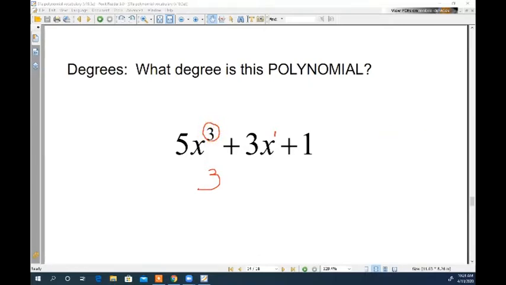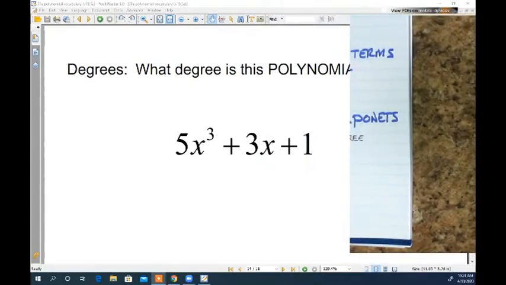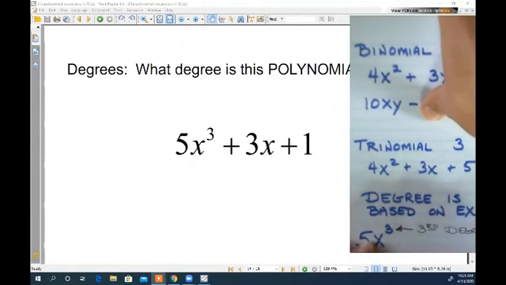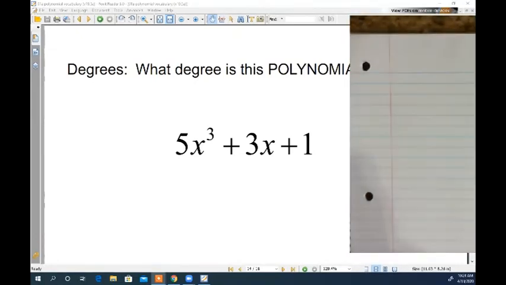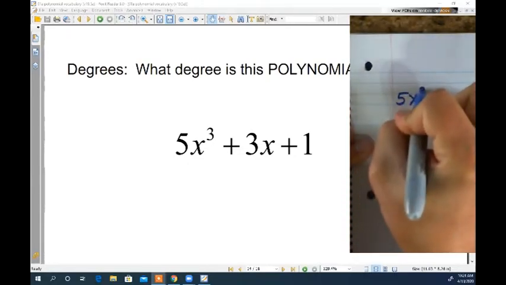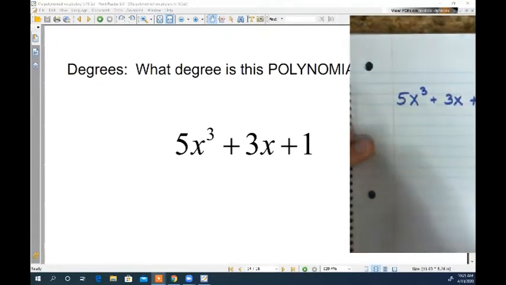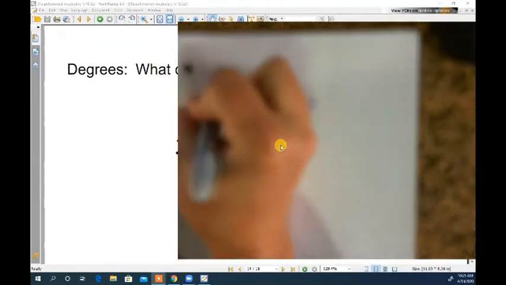So let's get something into our notes. So we have x to the third. Let me put this here. 5x to the third, 3x plus 1. So this is called a polynomial degree.